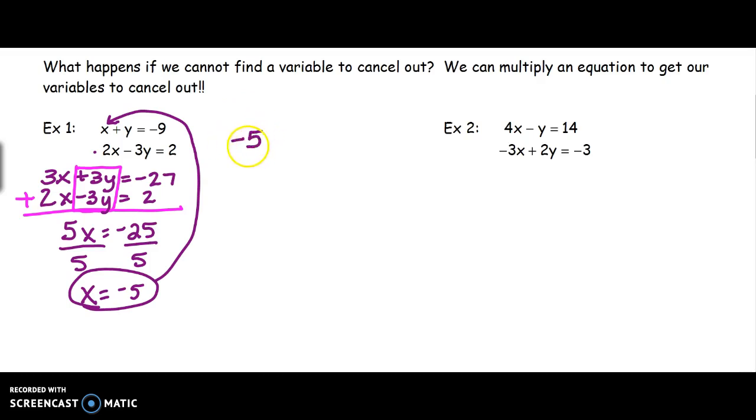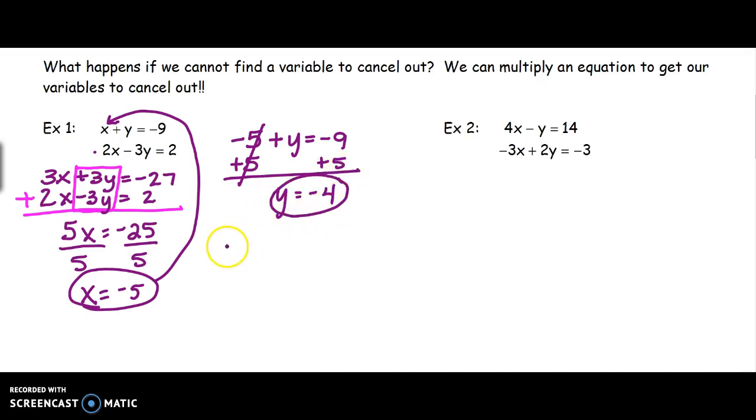So whenever you see an x, you put negative 5 plus y equals negative 9. Since 5 is negative, you're going to add 5 to both sides. And you get y equals negative 4. So this answer is negative 5, negative 4.